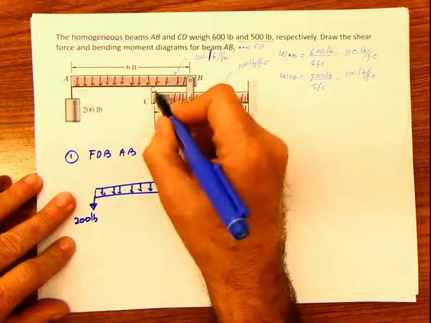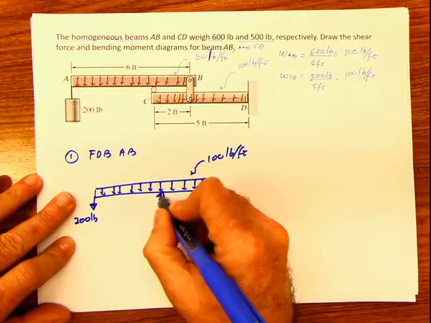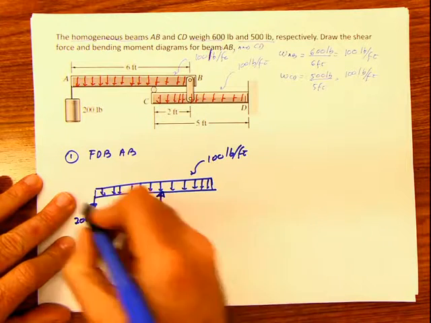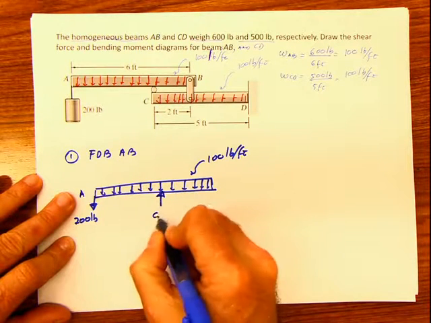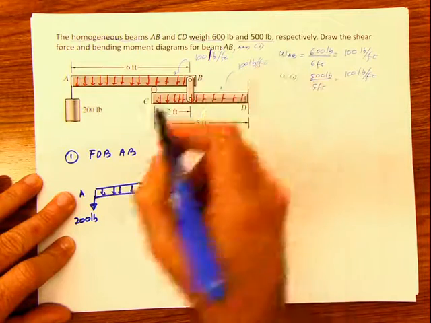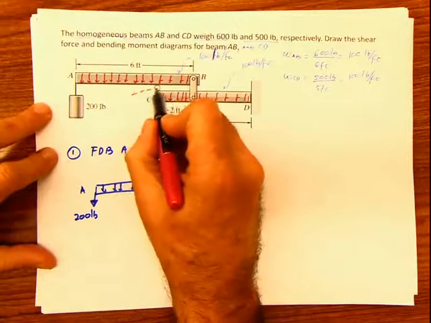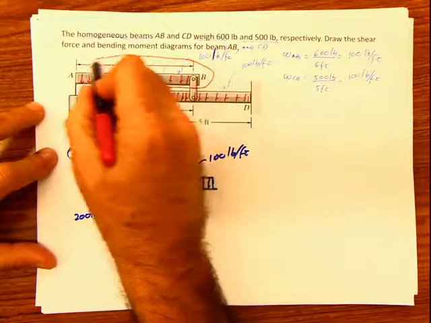This here is a roller. If it's a roller, it's going to produce a load. Remember, this point is A, so this is going to be Cy. And this, as you can see, is a pin. What I'm basically doing is making a section and isolating this part.